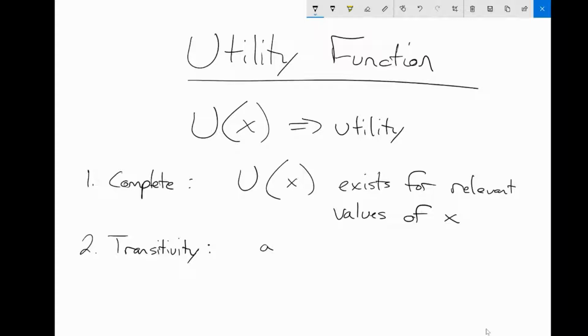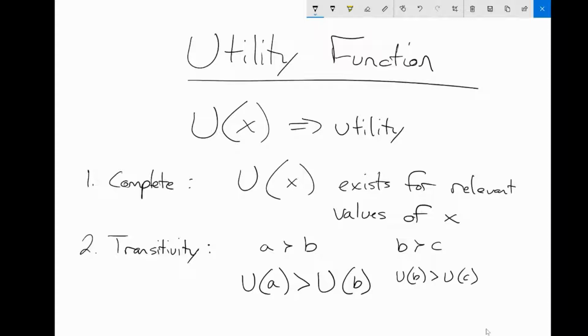That means let's say if I preferred A to B, that means that I get more utility from A than I get from B. If I prefer B to C, that means I will get more utility from B than I get from C. By transitivity, this will imply that I get more utility from A than I get from C. Okay, so this utility function allows us to capture completeness, and it allows us to capture transitivity.